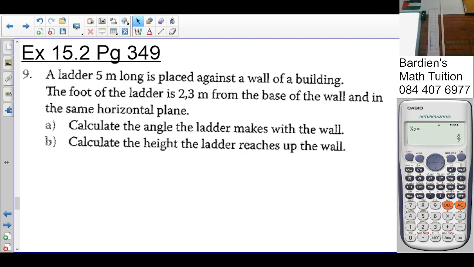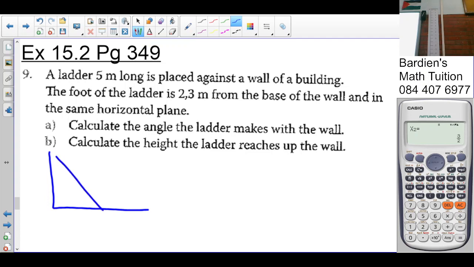We are told that the ladder is 5 meters long, and placed against a wall of a building. It's 5 meters long, placed against the wall of a building.